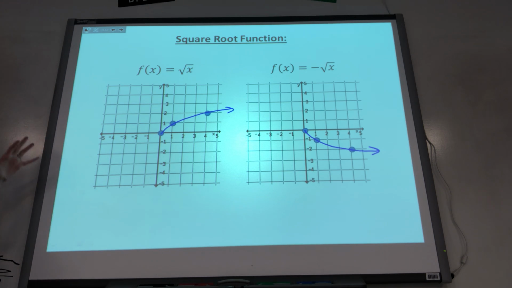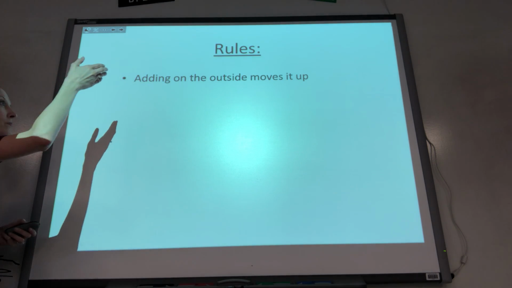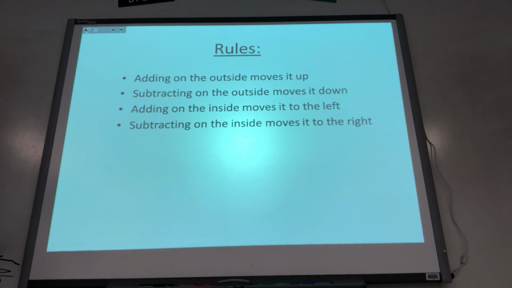So speaking of moving around, I am going to put those rules back up here in case you're making a cheat sheet and you want to have these on there. So here they are. You can shorten them up however you want to, or like I said, if you're not doing a cheat sheet right now, you may not have to recopy all of them.